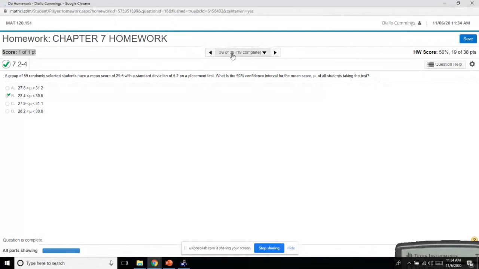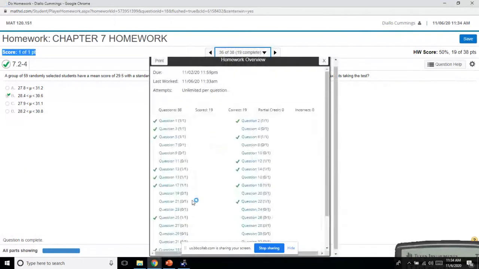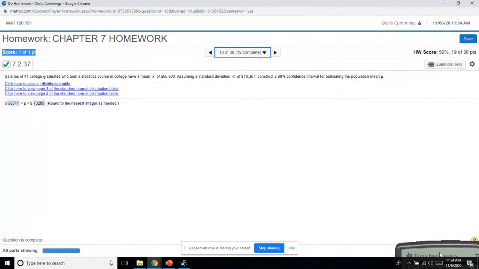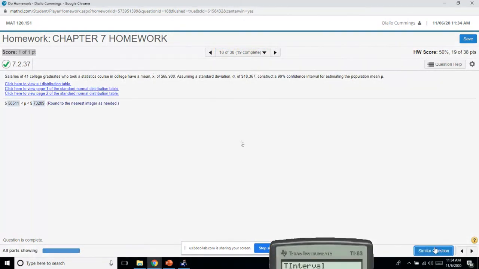We'll also take a look at problem number 18. It reads, the salaries of 33 college graduates who took statistics courses in college have a mean salary of 60,700.